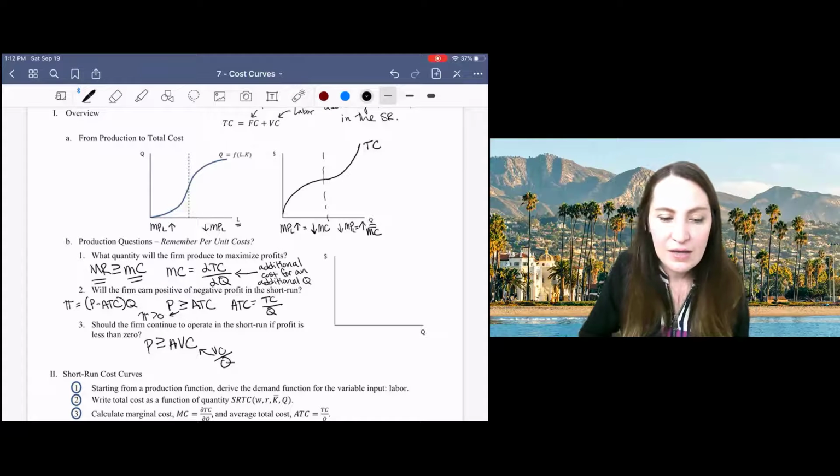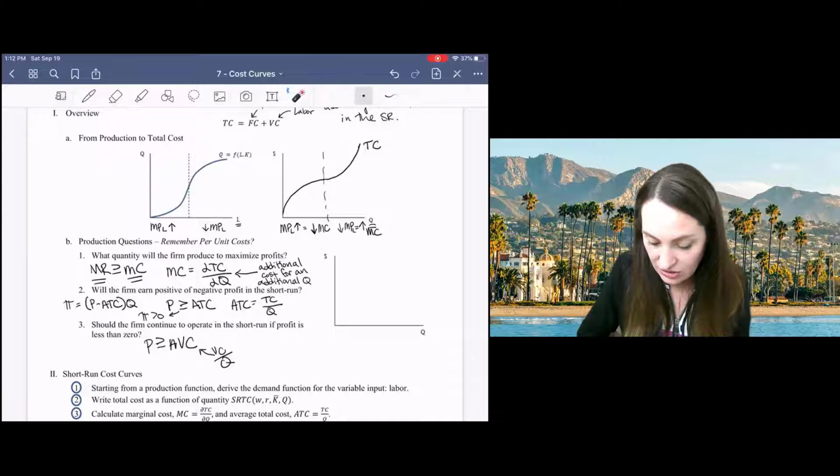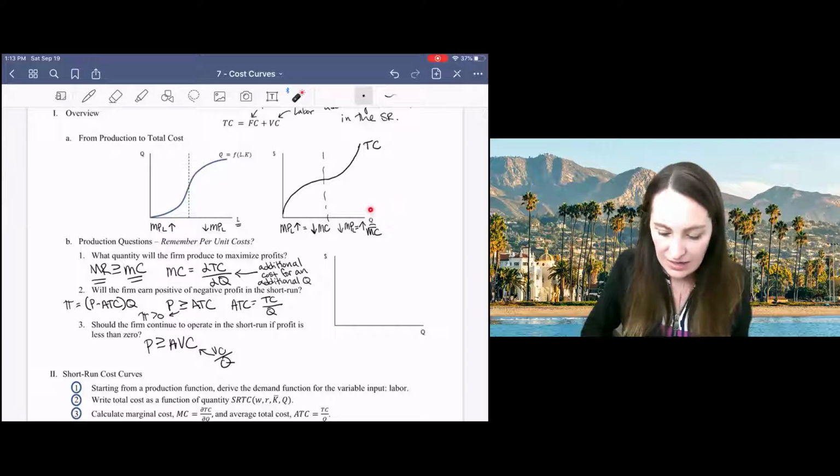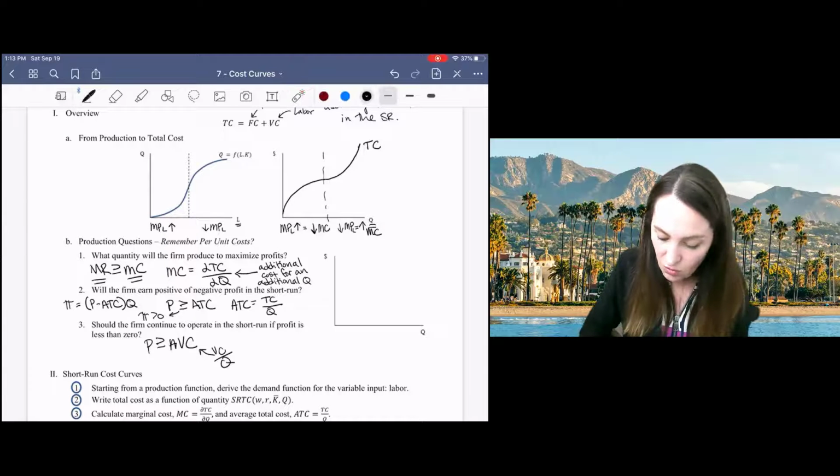So let me remind you what they would look like in intro, or analogously for this total cost curve that we've drawn up here. For this total cost curve, at first, we have a segment where the marginal cost is decreasing, and then we have a segment where the marginal cost is increasing. And this is the typical way that we drew your marginal cost curve in intro econ.